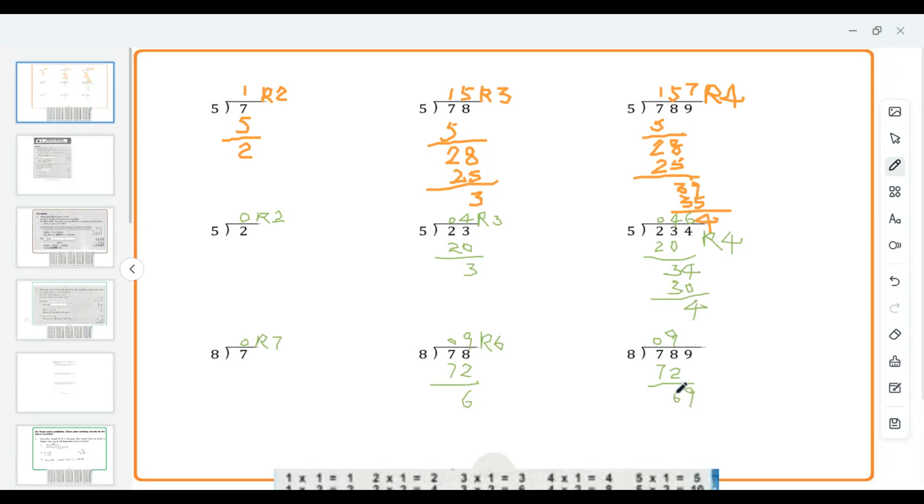Then in 69, there are 8 eighths in 69 because 8 8 equals 64. So 69 take away 64, left over is 5.